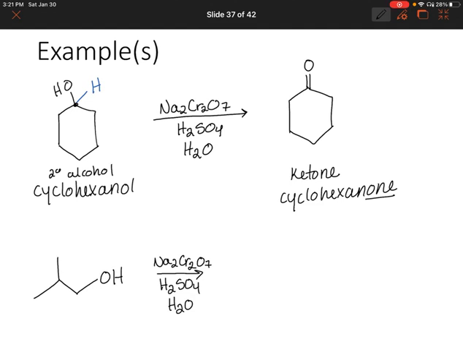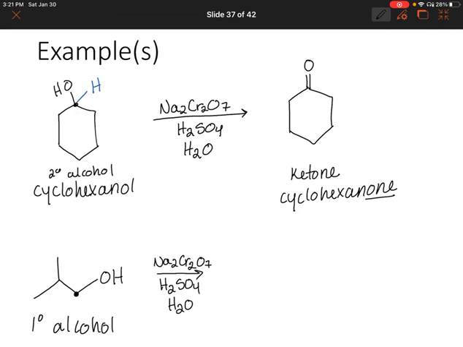Okay, so what type of alcohol are we starting with for this reaction? Is it a primary, secondary, or tertiary alcohol? A primary alcohol because the carbon that the alcohol is bonded to is only bonded to one other carbon. All right. Now, after we oxidize that primary alcohol, what will we form?